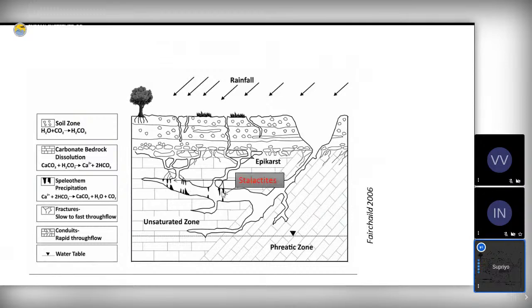The deposits which hang from the ceiling are called stalactites, and the ones which rest on the floor are called stalagmites. These stalactites and stalagmites are basically abiogenic calcium carbonate, and they carry the signature of the isotopic composition of rainfall.